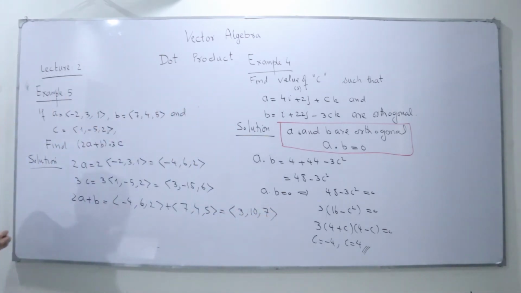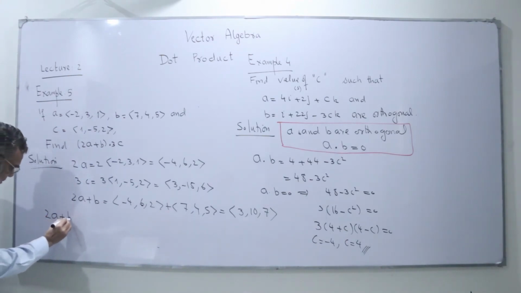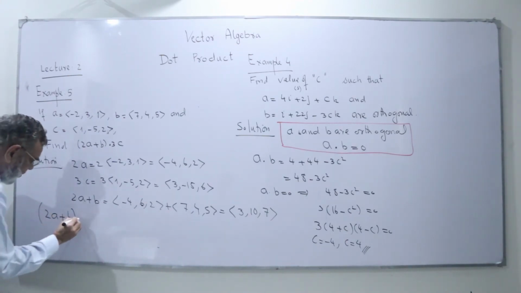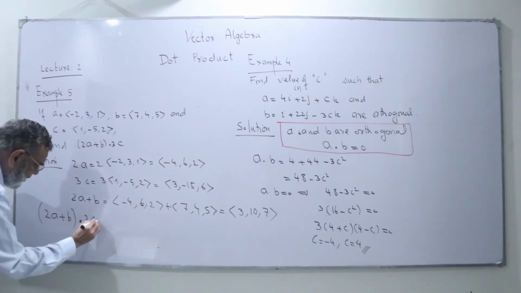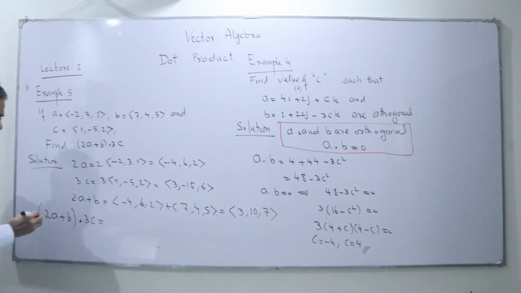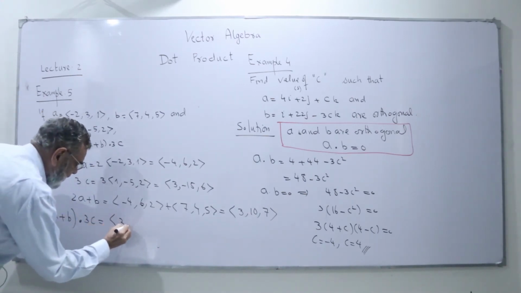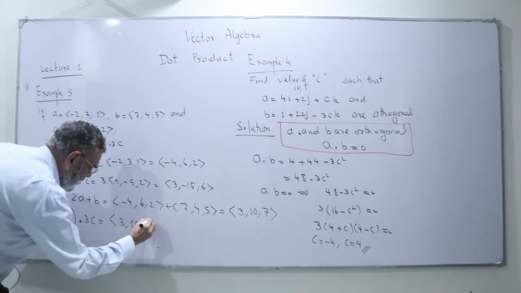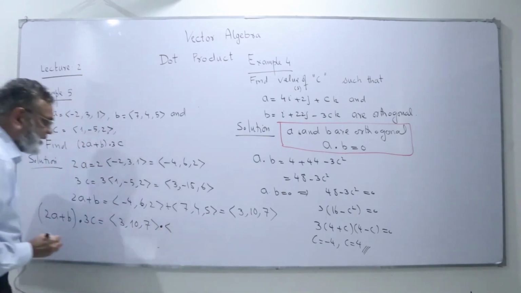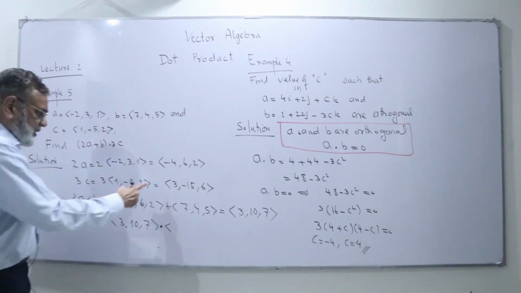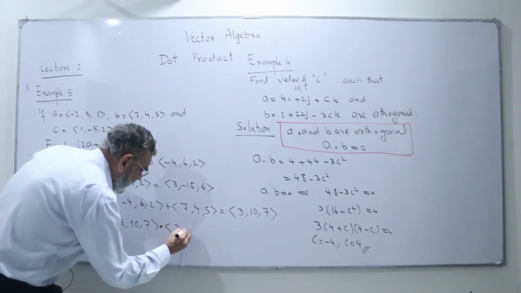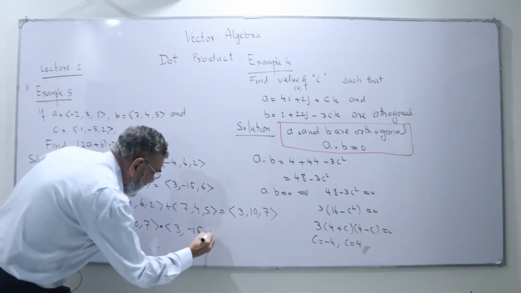Now I can multiply this with 3C. So I have 2A plus B as one vector, and then take the dot product with 3C. My vector 2A plus B is 3, 10 and 7, dot product with vector 3C, which is 3, minus 15 and 6.